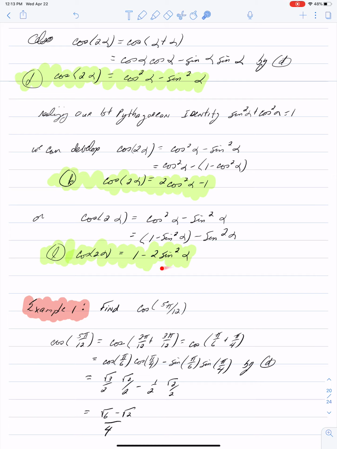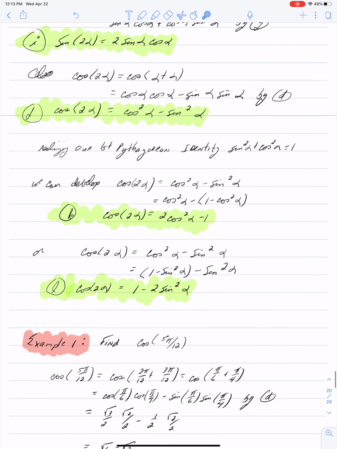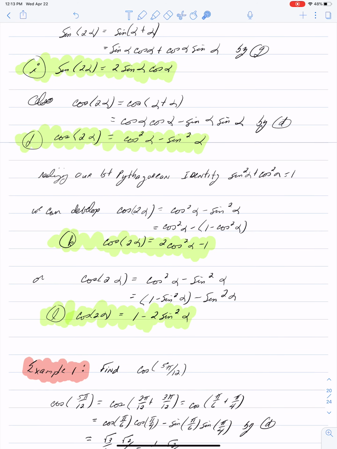I get 1 minus 2 sine squared alpha, and that is my third double angle formula for the cosine. This double angle formula gives it in terms of the sine of the angle, and this gives it in terms of the cosine. And the first one gives it in terms of both the sine and the cosine.